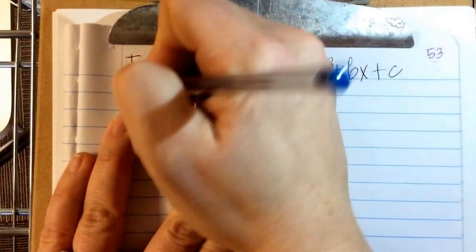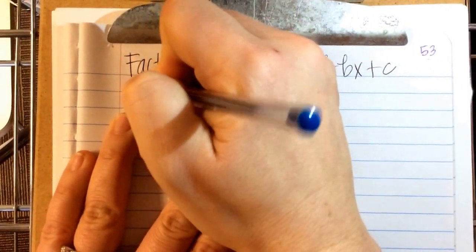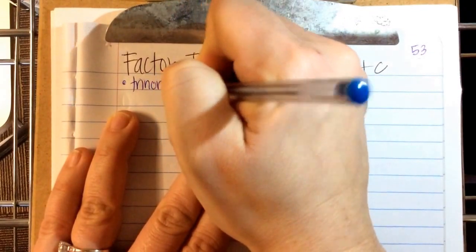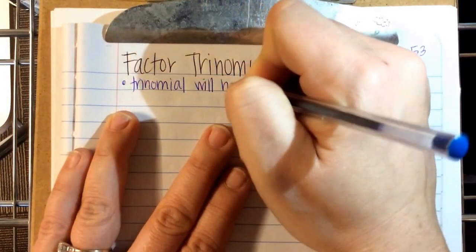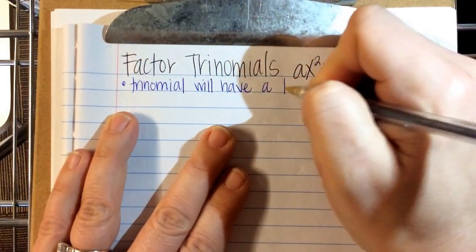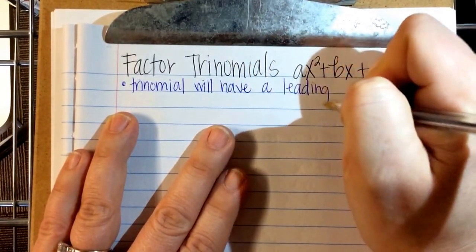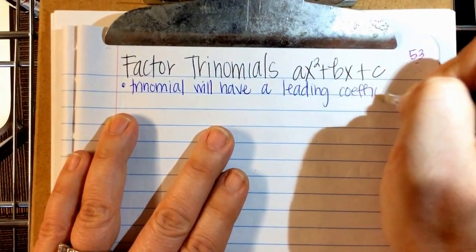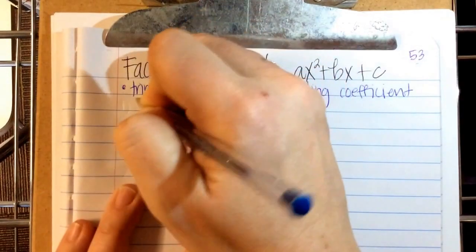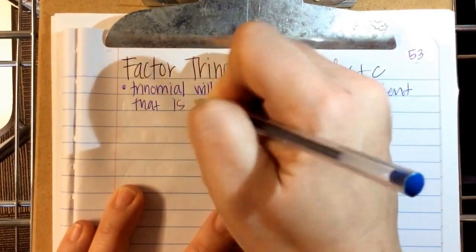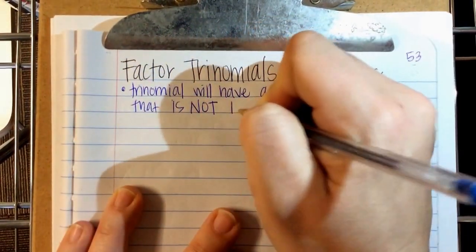So this means the trinomial will have a leading coefficient that is not 1.